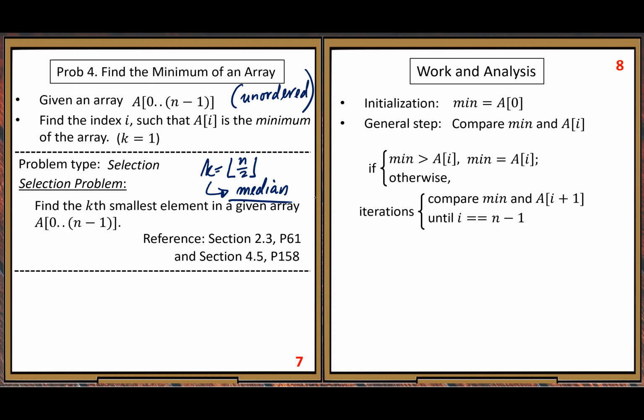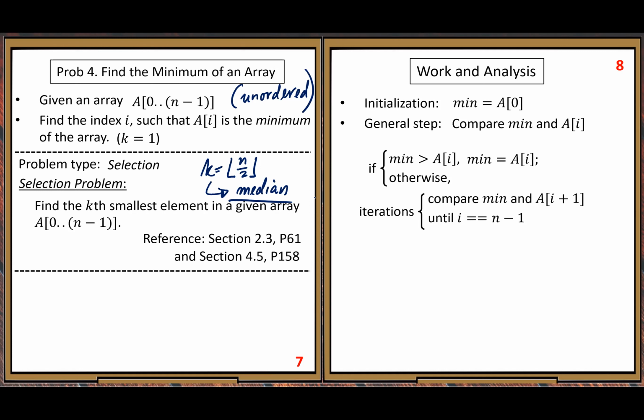Then we can say our min variable contains the global minimum value, of the whole array. So that's the solution.